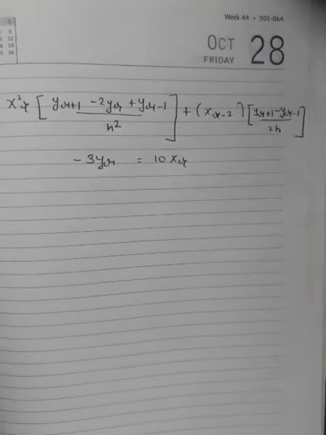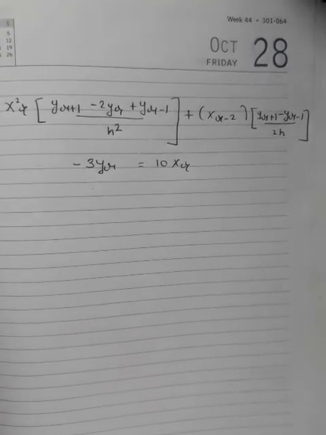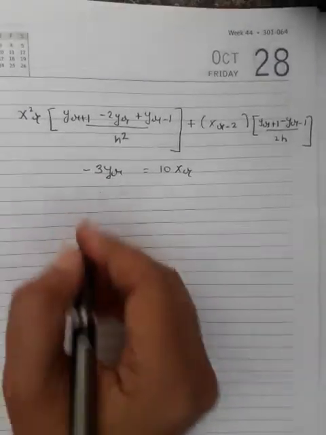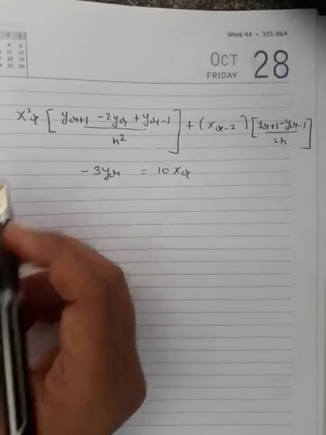That means you have to collect similar terms on one side and rewrite that equation. It is a simple mathematical operation you have to perform.